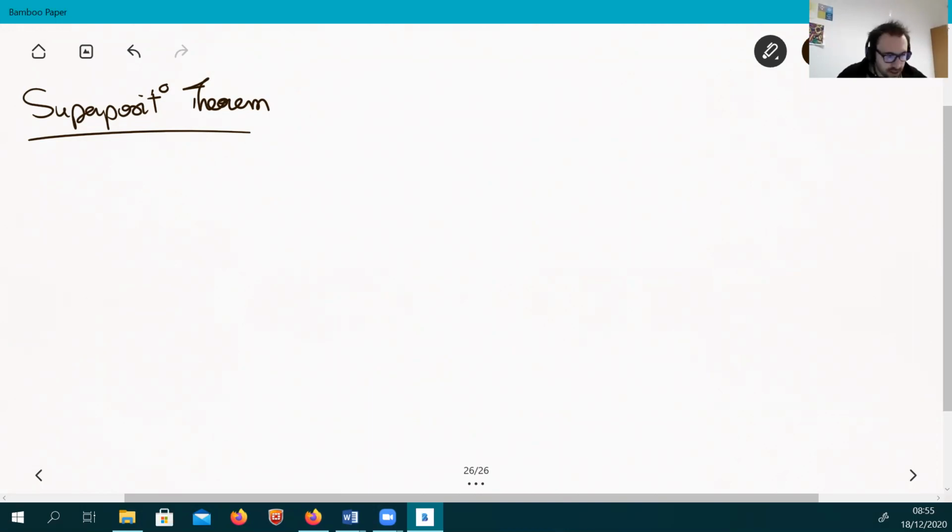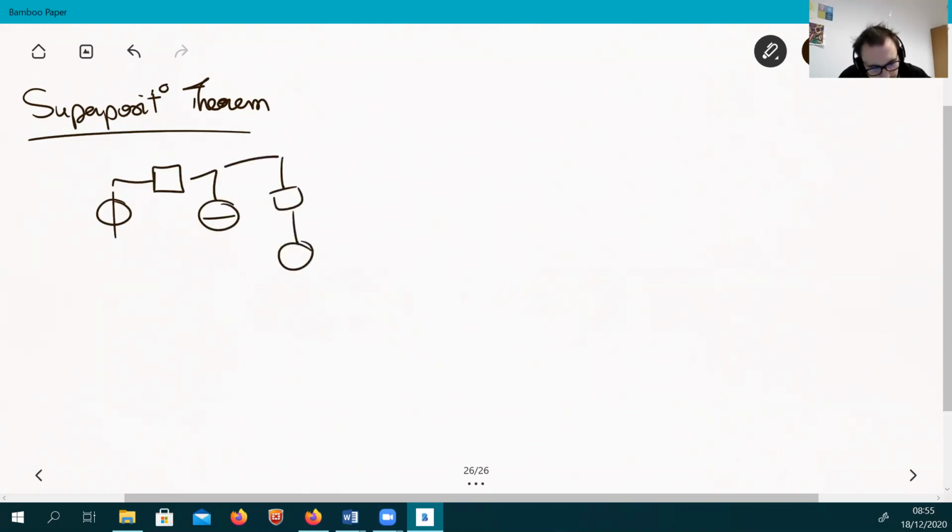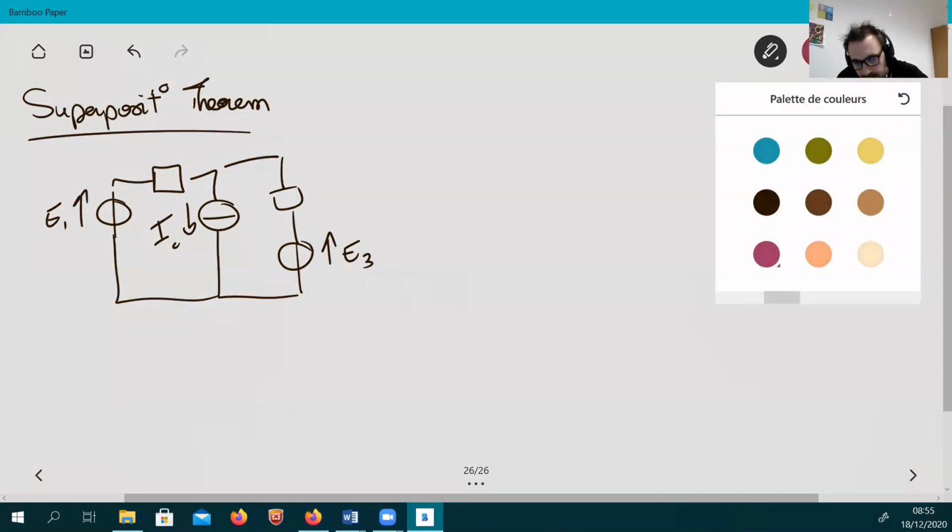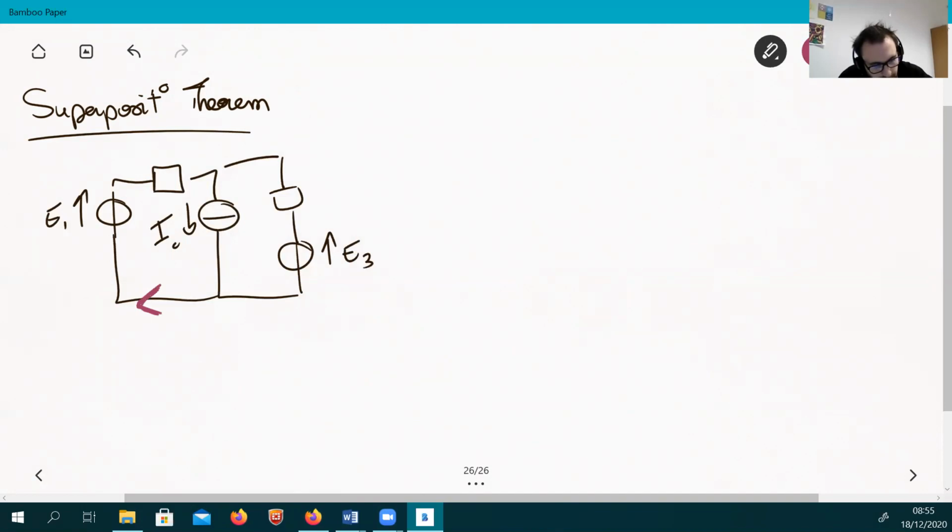Let me draw you a random circuit, just for you to understand the concept. Here we go. I have a circuit with 3 different sources, and let's say that I am interested in the current flowing in this branch, which I'm going to call I star.